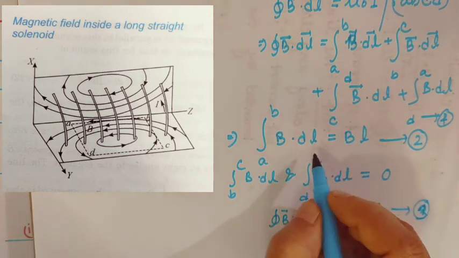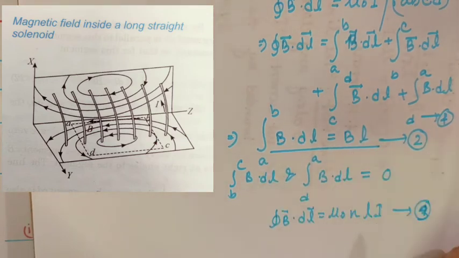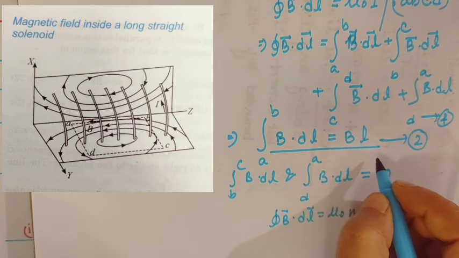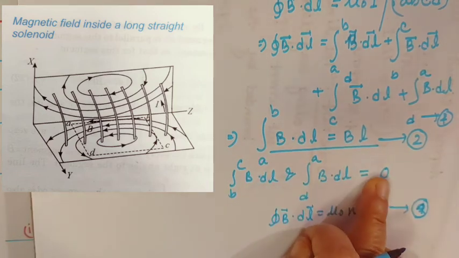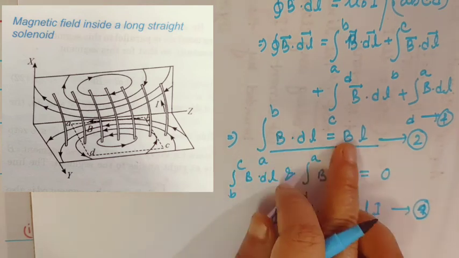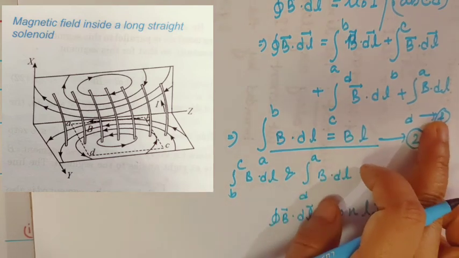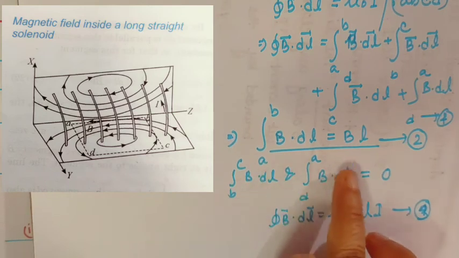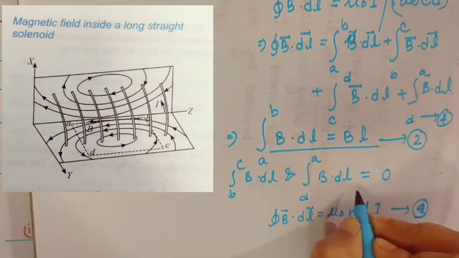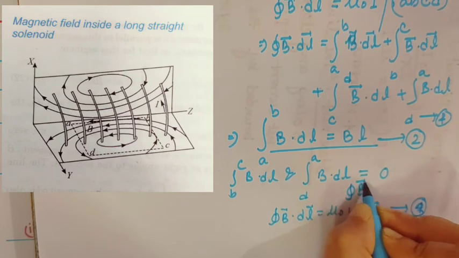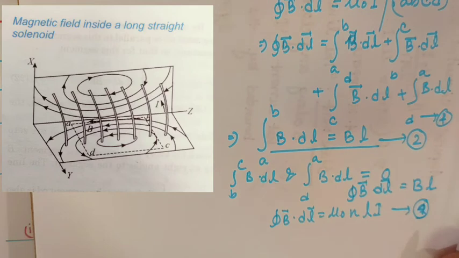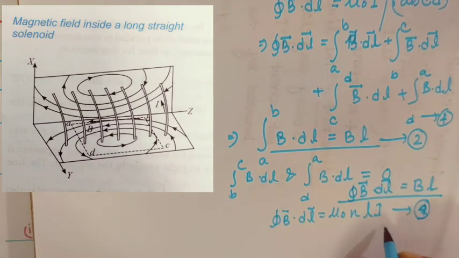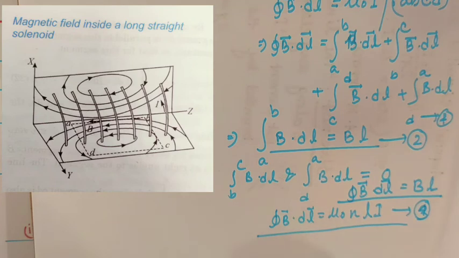And as the path integrals for B to C and D to A are 0 and A to B is equal to BL, from equation 1, if we put these values here, then we will get closed integration B dot dl is equal to BL. Clear?